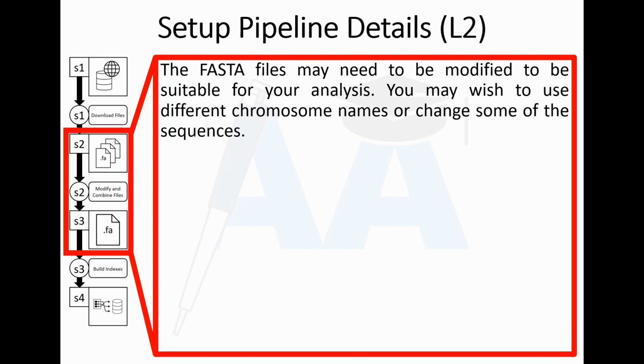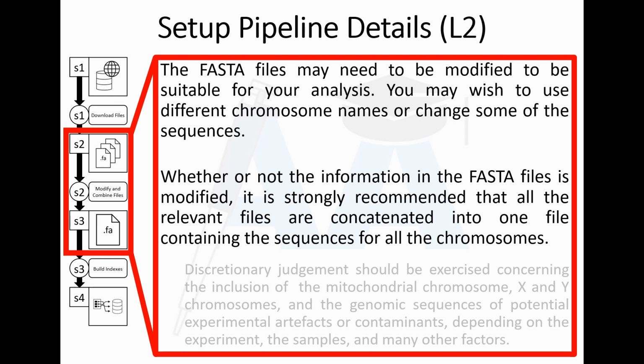Whether or not the information in the FASTA files is modified, it is strongly recommended that all relevant files are concatenated into one file containing the sequences for all the chromosomes, also referred to as a genome FASTA file.